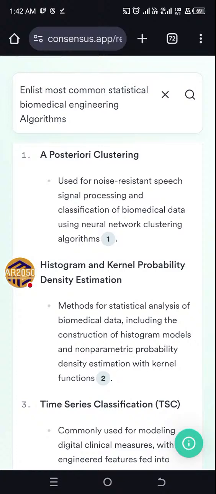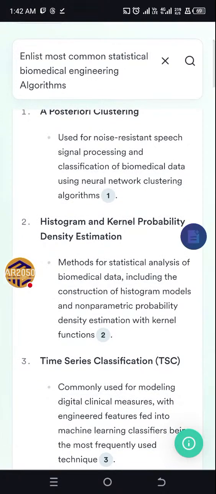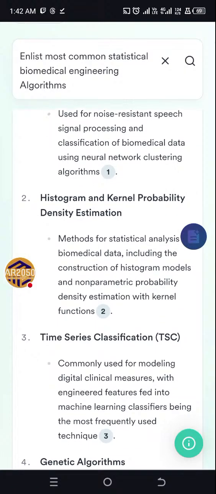Histogram and kernel probability density estimation, a method for statistical construction of histogram models and non-parametric probability density estimation with kernel functions.